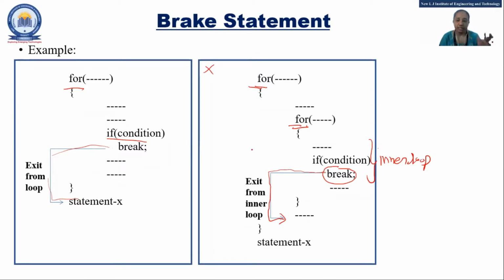If the break is at the outer loop, it will come out from the outer loop, and implicitly it will come out from the inner loop also. So this is the scenario.